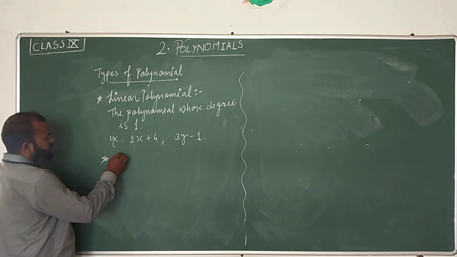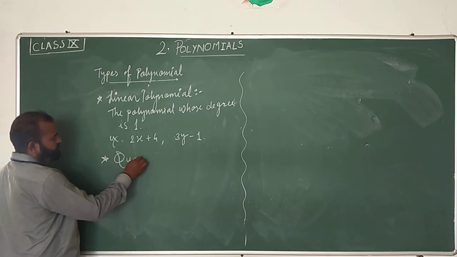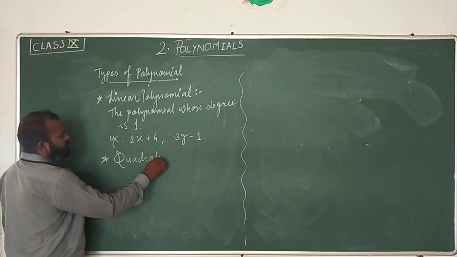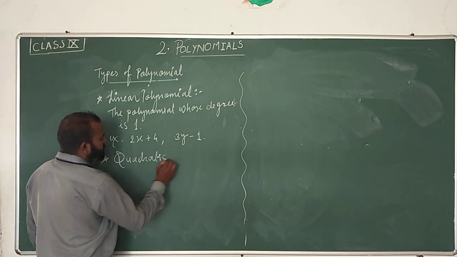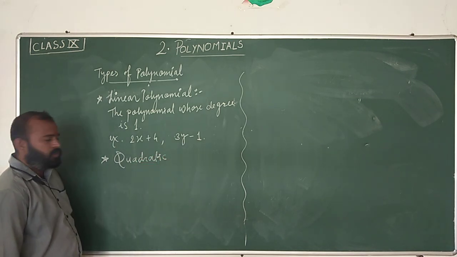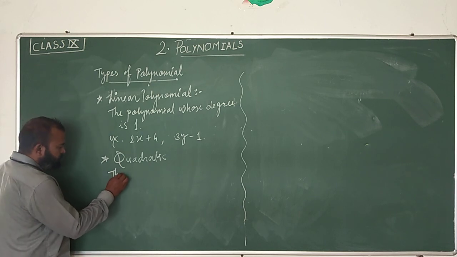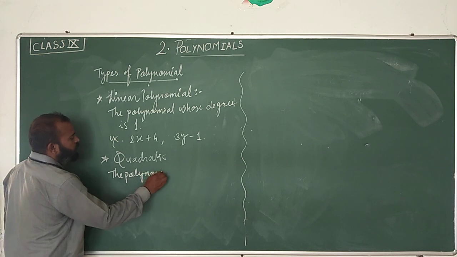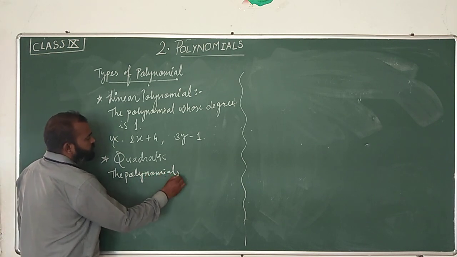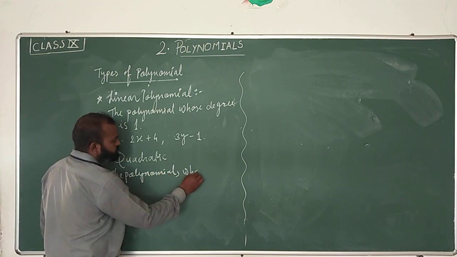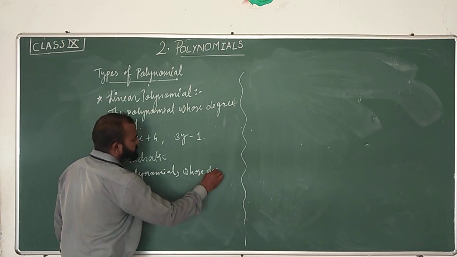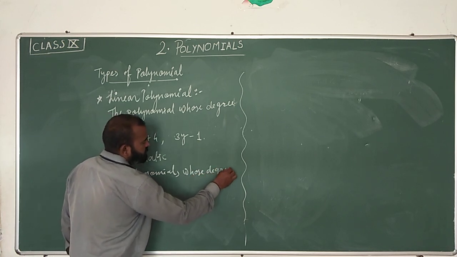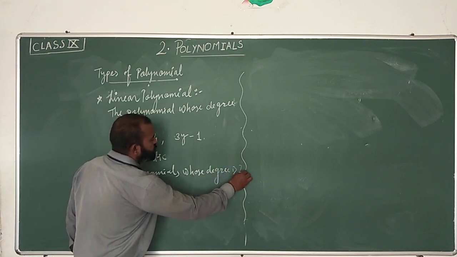Then there is quadratic polynomials. Now what are quadratic polynomials? So the polynomials whose degree is 2.